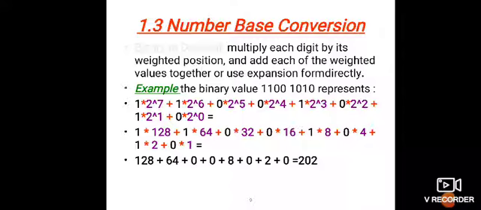For example, if I wish to convert 11001010, then it will be represented as 1 into 2 to the power 7, plus 1 into 2 to the power 6, plus 0 into 2 to the power 5, plus 0 into 2 to the power 4, plus 1 into 2 to the power 3, plus 0 into 2 to the power 2, plus 1 into 2 to the power 1, plus 0 into 2 to the power 0.